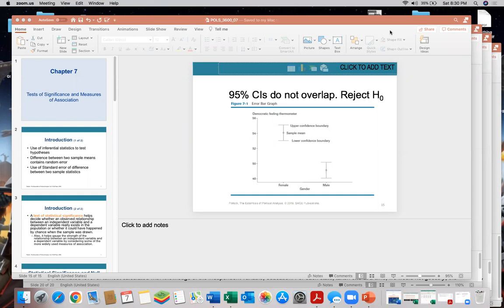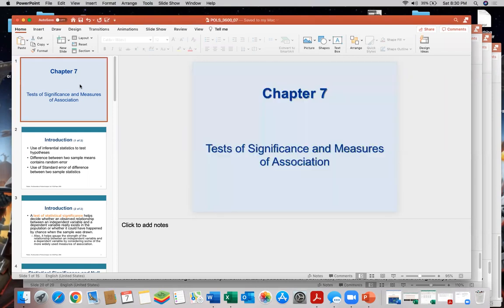So going into chapter 7, this is about tests of significance and measures of association. A lot of this has to do with inferential statistics and testing hypotheses. One of the big things to remember is that the difference between two sample means is the random error.